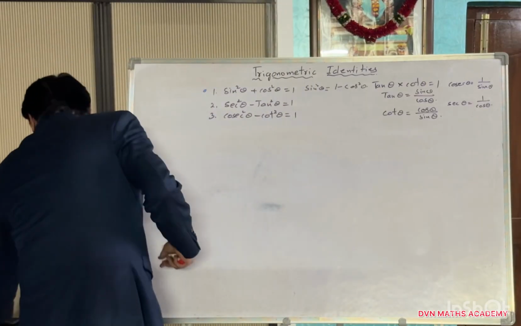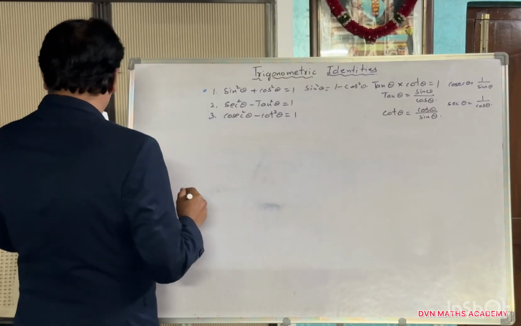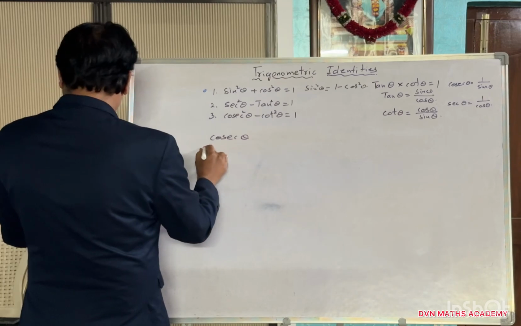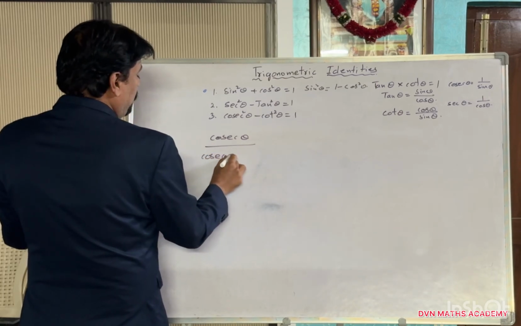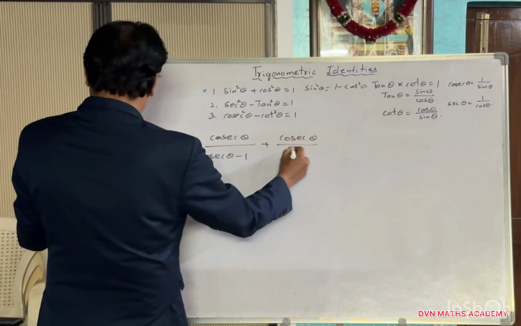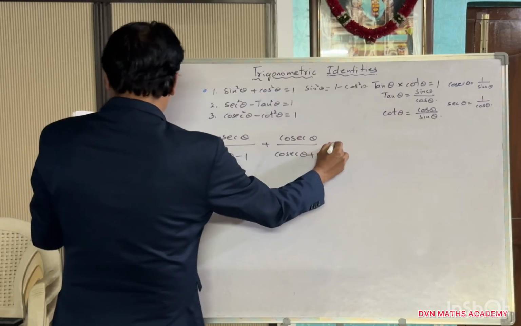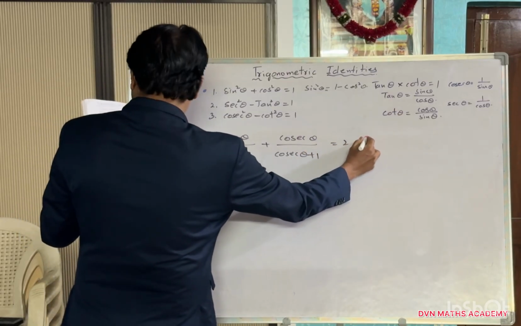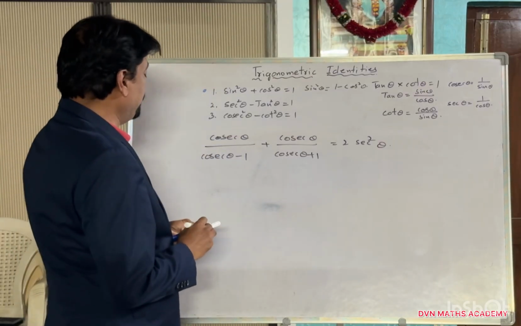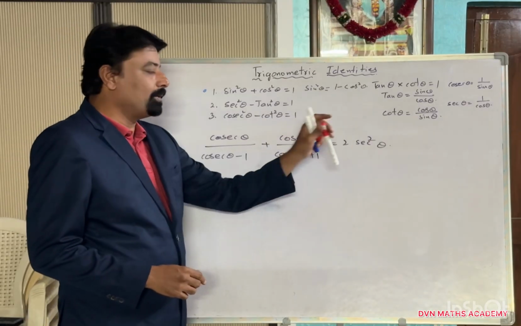In your NCERT, there are so many questions, but I selected some important questions here. The fifth question is very complicated and very interesting. It is cosec theta by cosec theta minus 1 plus cosec theta by cosec theta plus 1 is equal to 2 sec square theta.